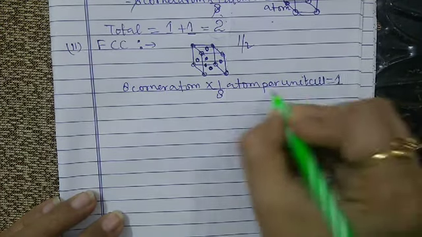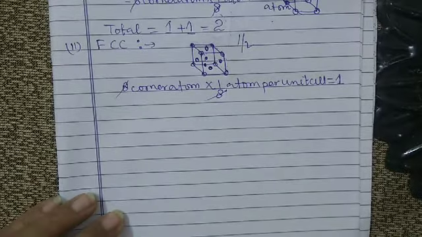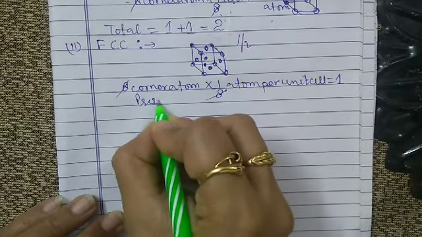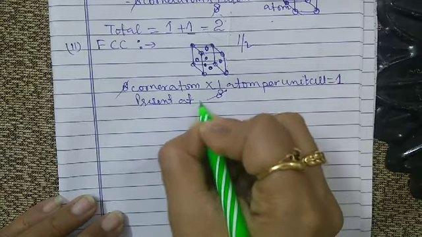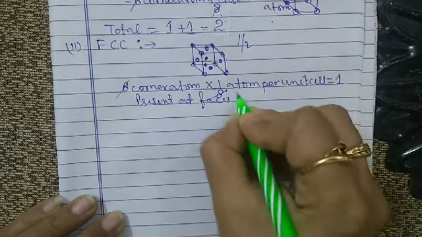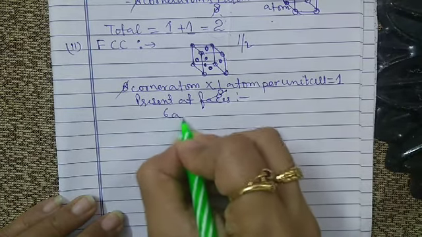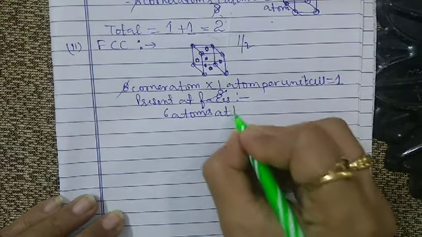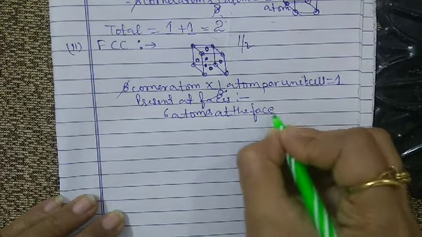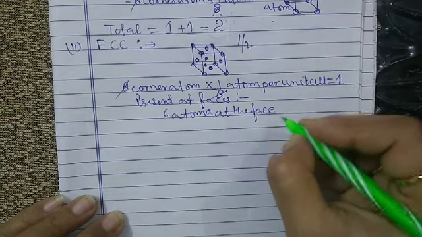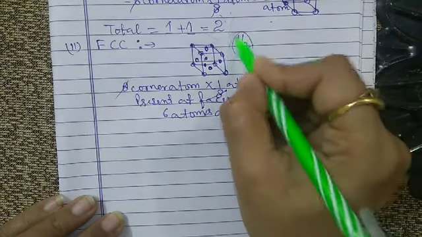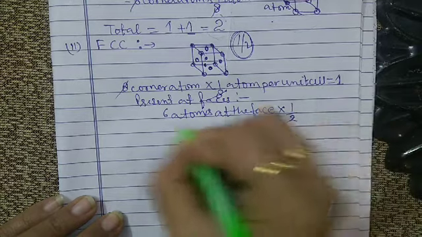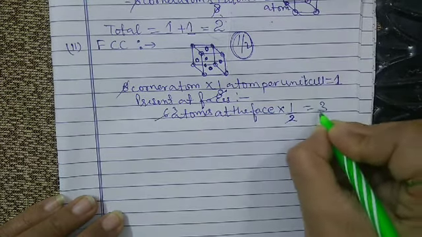The number of atoms present at the faces is 6 atoms multiplied by 1 by 2, since each is shared by 2 unit cells, so that is 3.